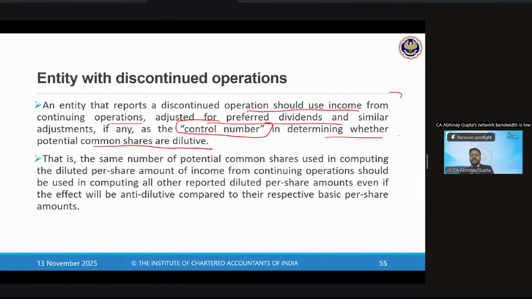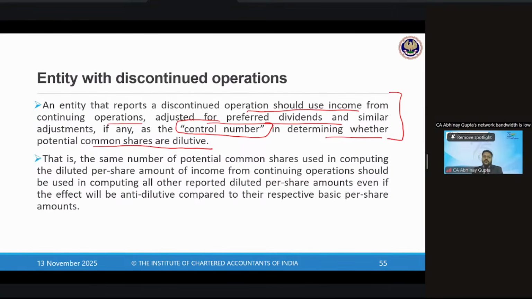So here is the rule book, which we have already discussed and understood. Whenever the entity has discontinued operations, it means the entity has both continuing operations as well as discontinued operations, correct? Now, because the company has discontinued operations, we first have to decide on dilution or anti-dilution based on the control number.